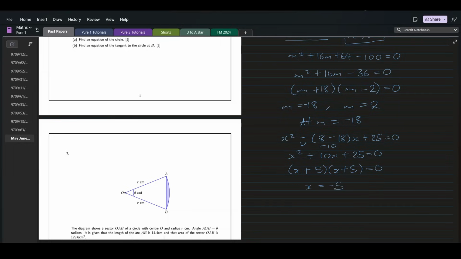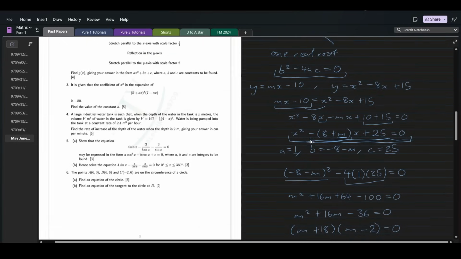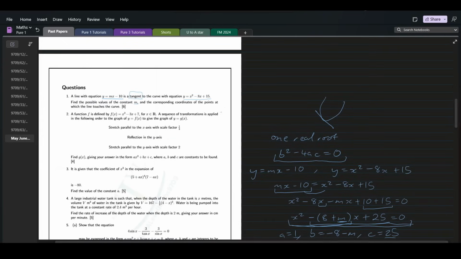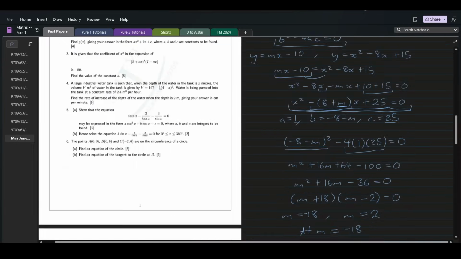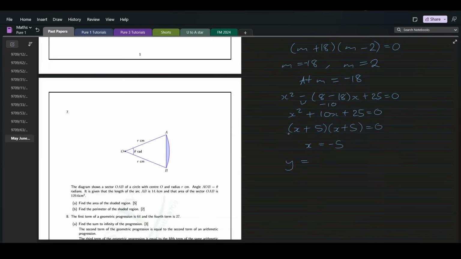and so x is equal to negative 5, and we can calculate our y value using the quadratic that they gave us, x squared minus 8x plus 15, so negative 5 squared minus 8x plus 15, and let's punch this into our calculator.